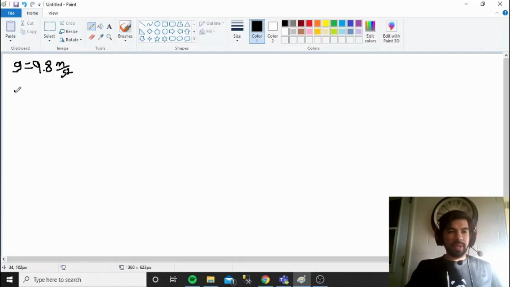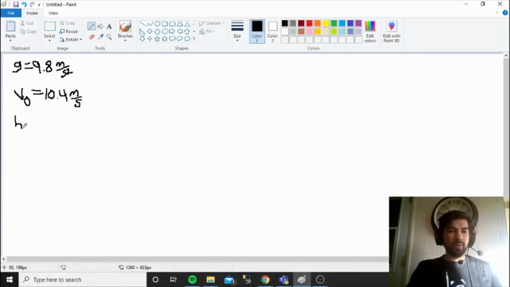Let's write down, I think my initial velocity was 10.4 meters per second. I can change that if I need to. That's my initial velocity, v naught, or you could put a v i, that's okay.